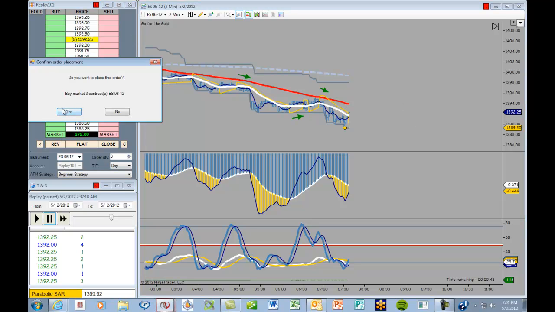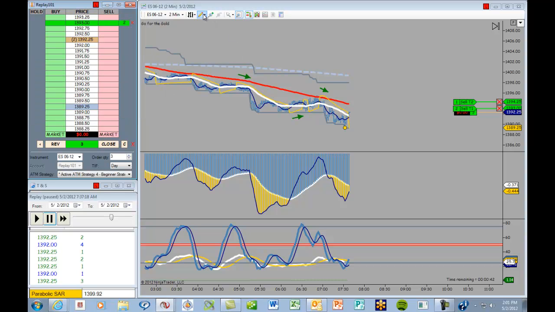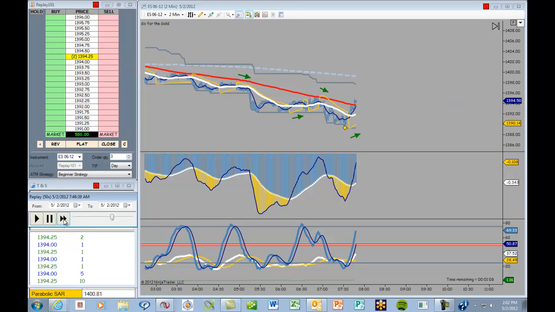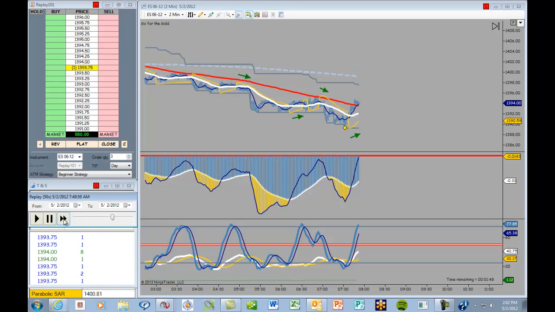So let's get long, and we'll start the bullish arrow, and away we go. Well, that's that.